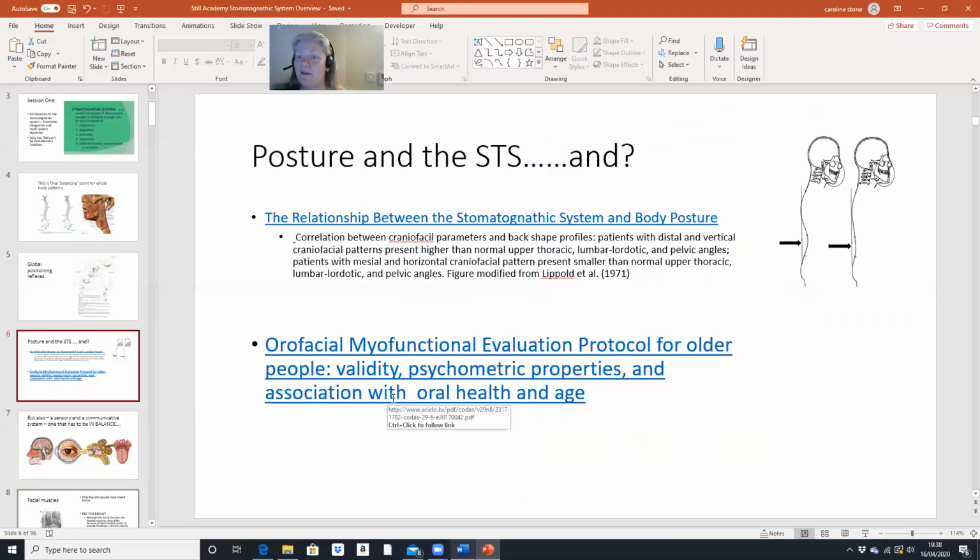So we certainly see that posture is a really great driver for Stomatognathic system alignment, and there are definitely lots of issues with respect to changes of posture over age and how your muscular function is going to adapt over age. But as you're thinking of posture, you also need to ask, if the posture is adapted, is it leading to any as yet unreported dynamics of the Stomatognathic system?